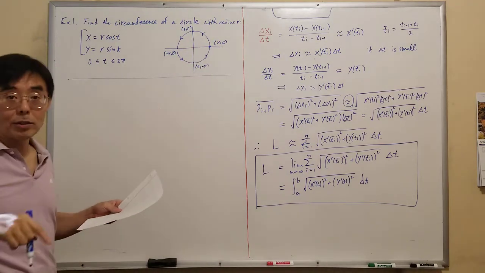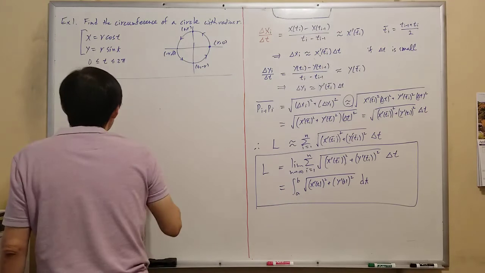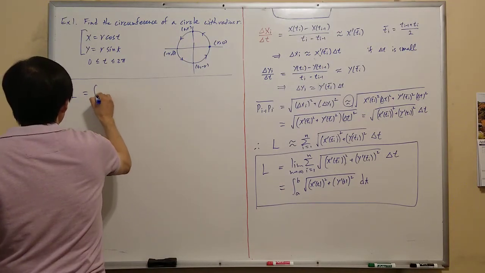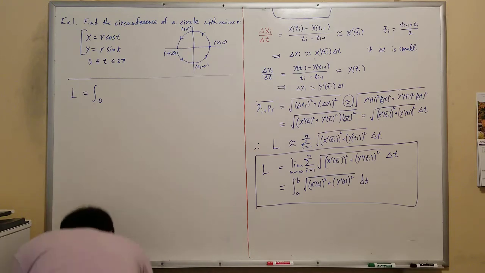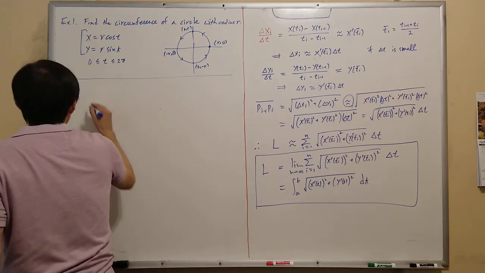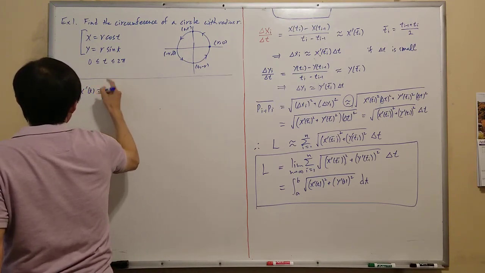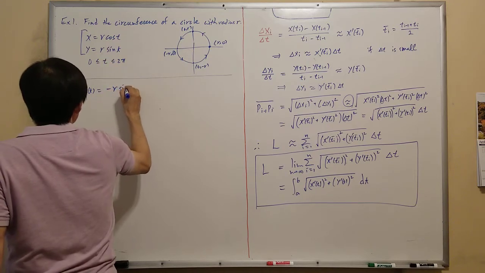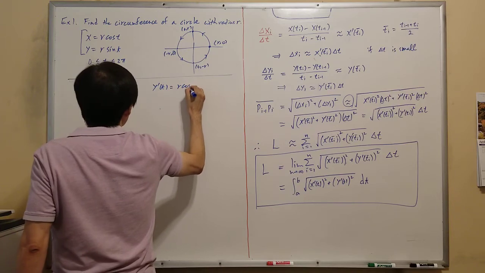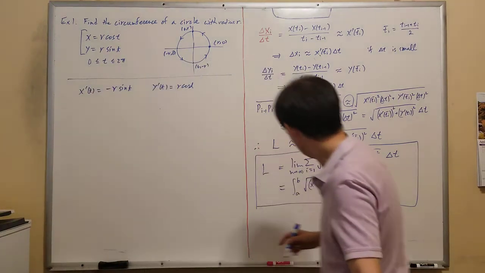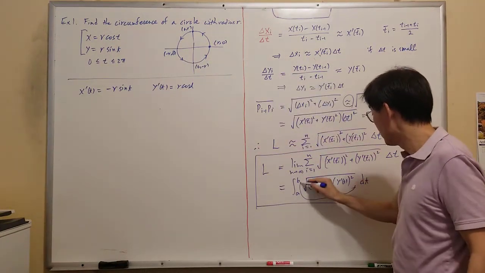One turn, so circumference. The arc length L is from 0 to 2 pi. First of all, what is x prime of t? Minus r sine of t. y prime of t is r cosine of t. So we need this, right?